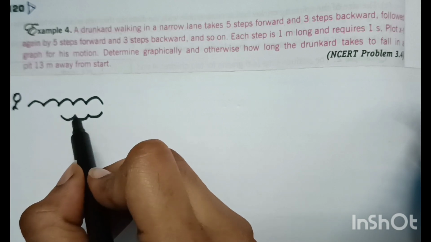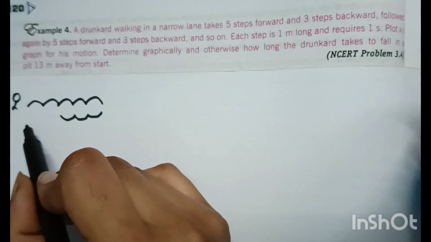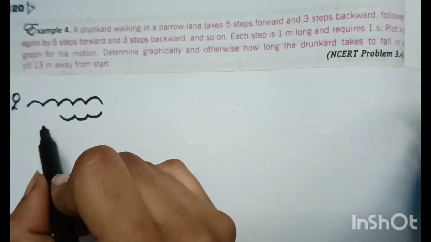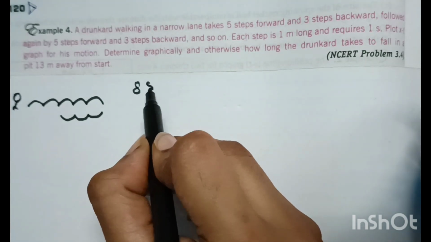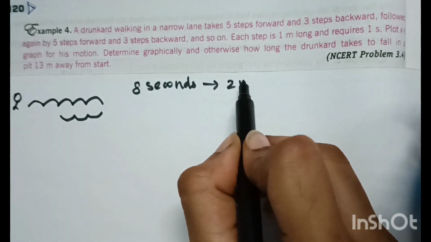8 seconds it would have taken, but the net displacement was only 2 steps. So he must have covered only 2 meters. The net displacement is only 2 meters. So in 8 seconds he covered only 2 meters.